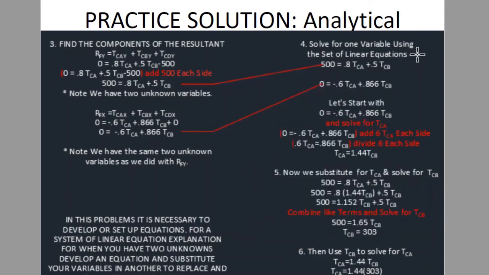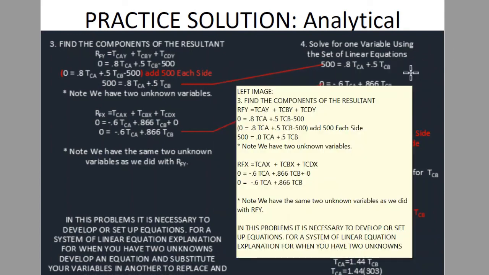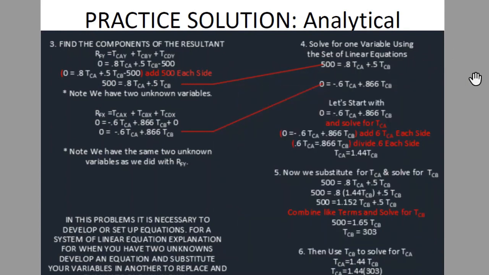We're going to solve for one variable using the set of linear equations. We start off with 500 is equal to 0.8 TCA plus 0.5 TCB. And then we also have 0 is equal to negative 0.6 TCA plus 0.866 TCB.